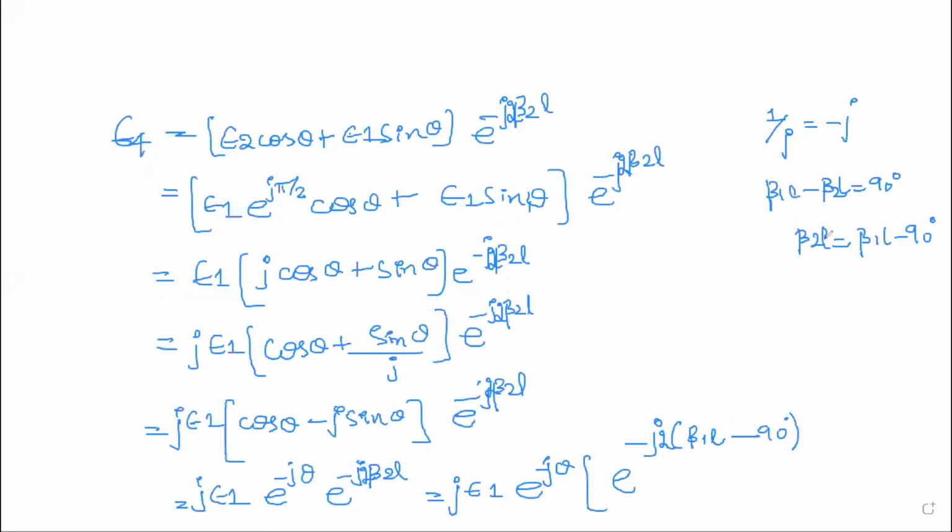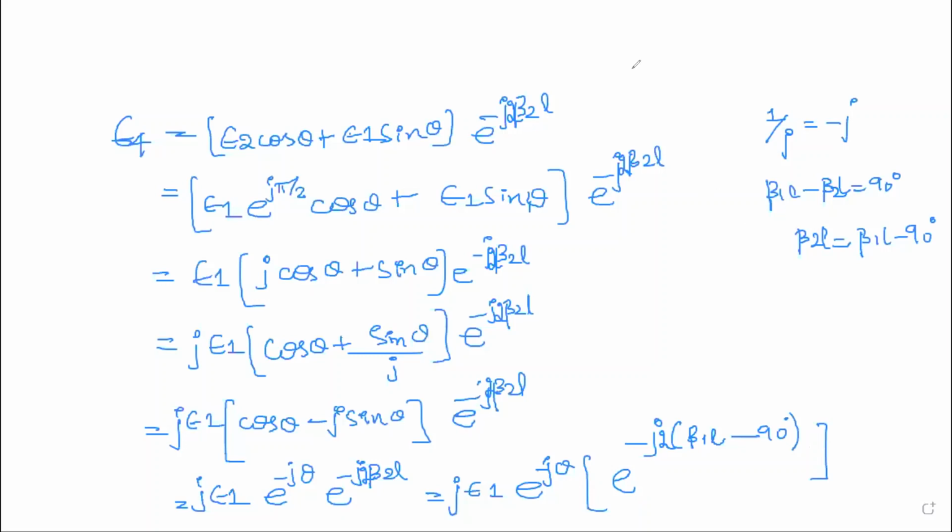So in terms of beta 2L, you will have beta L minus 90 degree. Correct? Done? Wait, ma'am. Just make it as 2 for every case. Yes, ma'am. Okay.